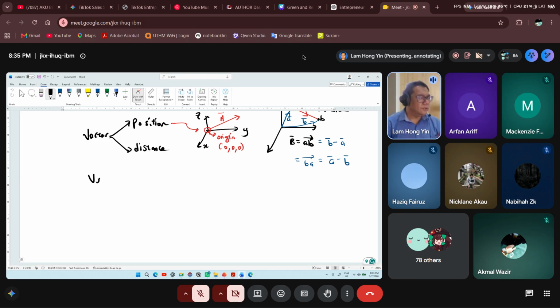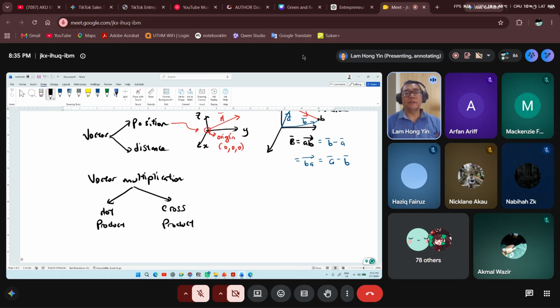Okay, so on the vector multiplications. As I mentioned just now, we have a dot product and we have a cross product. These are the two vector multiplications.